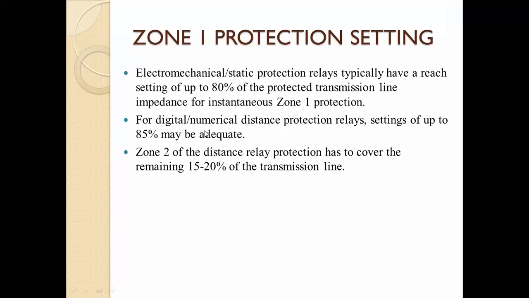For digital or numerical distance protection relays, a setting of up to 85% may be adequate. And zone 2 of distance relay protection has to cover the remaining 15 to 20% of the transmission line.